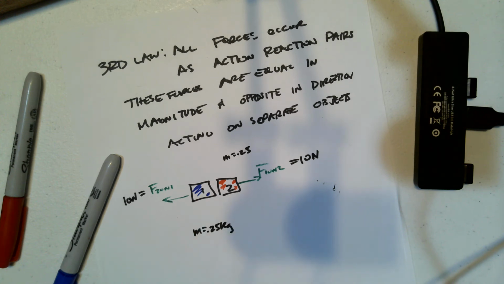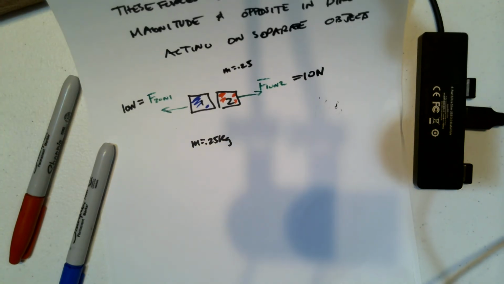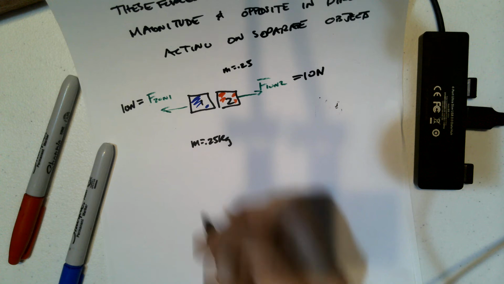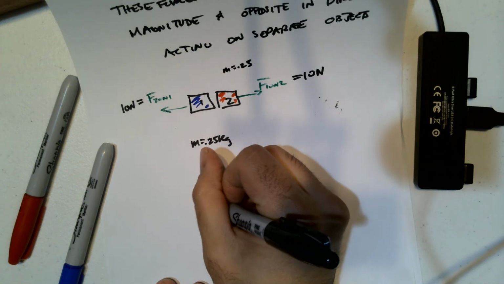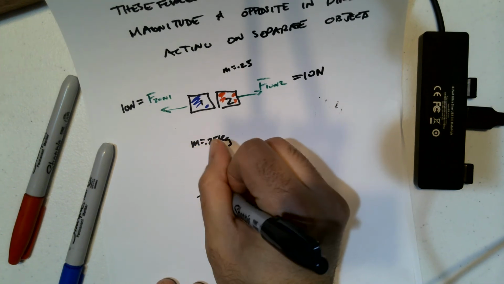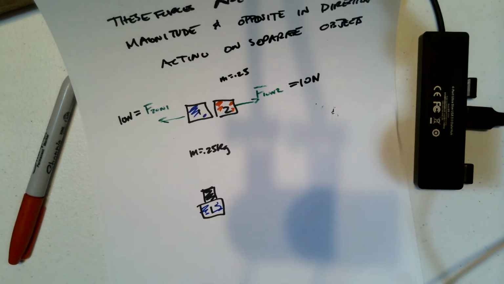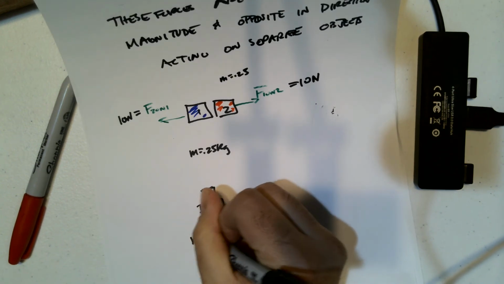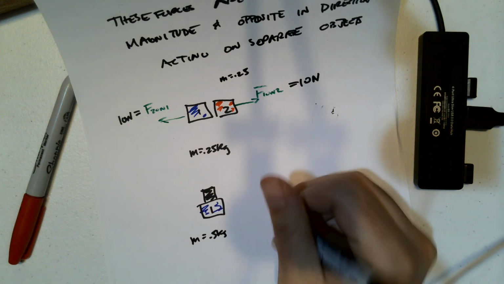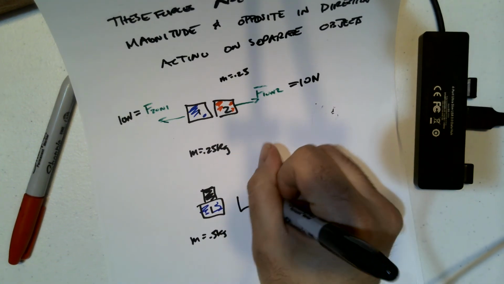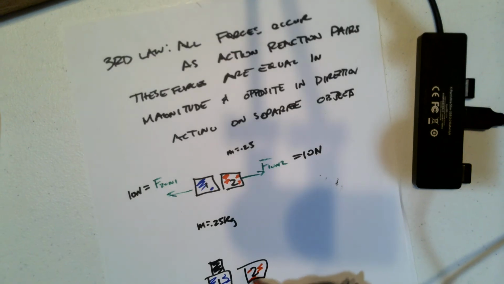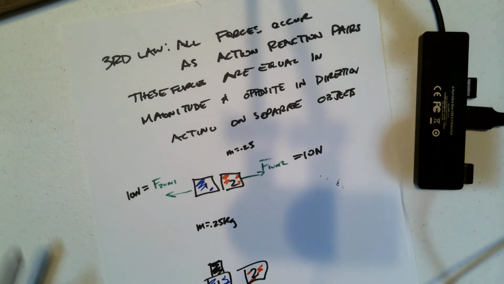Their speeds are equal. And so what I did in this second demo was load up the mass on object number 1. I added some additional weight on top of it, and that increased the mass to 0.5 kilograms, whereas object number 2 still was the same 0.25 kilograms.